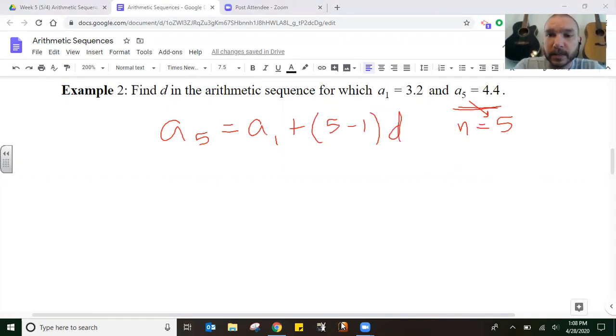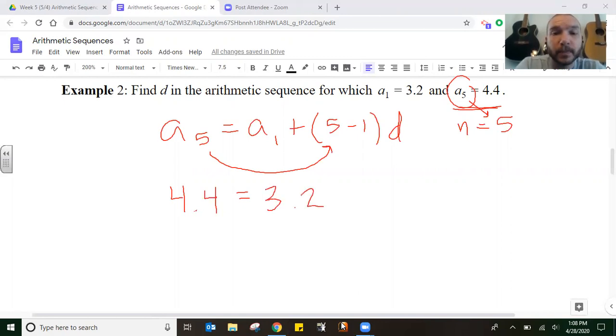You see how it gives us a sub 5 here, and then that 5 is what plugs in for n. That's how those two things are connected. We're looking for d, but they tell us a sub 5 is 4.4, and a sub 1 they told us is 3.2. And now we have the rest of our formula and can solve this for d.